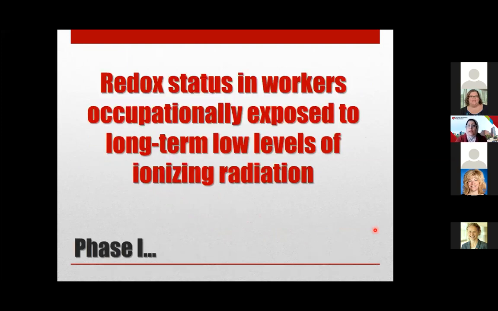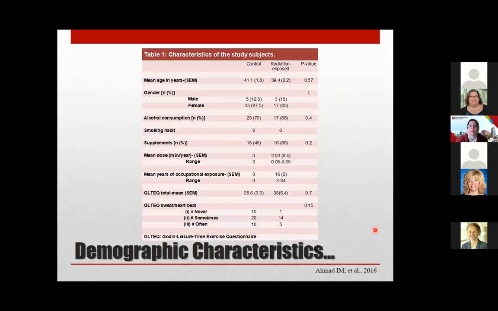In phase 1, we looked at the redox status in workers occupationally exposed to long-term low levels of ionizing radiation. This table shows the demographic characteristics of the study subjects in both groups. As you can see from these results, we have comparable baseline characteristics in terms of age, gender, alcohol consumption, smoking habit, dietary supplements, as well as exercise level.